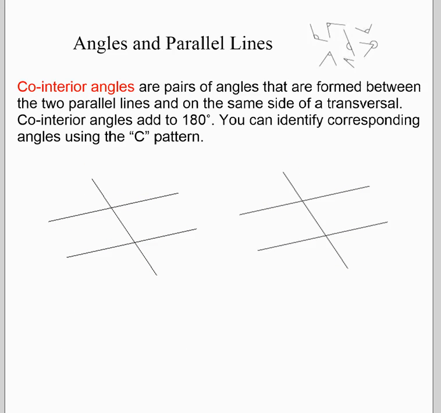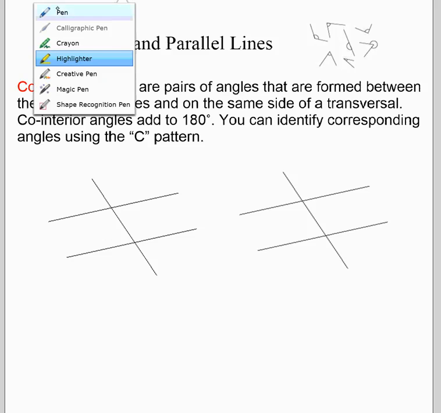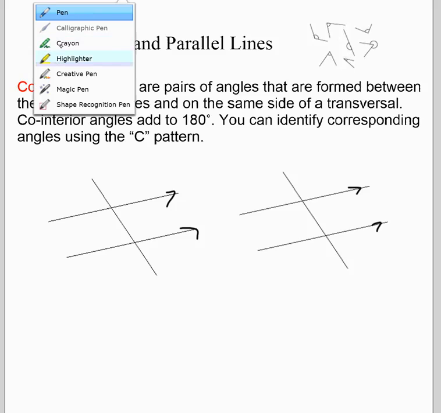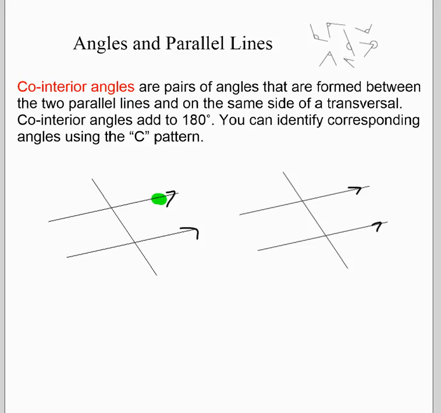In the investigation, they called it same side interior. So if I have my parallel lines, I can find co-interior angles by the letter C. Using what's called the C pattern, like that, or one here, I can identify co-interior angles. The only thing that's a little bit different with co-interior angles is that they are not equal.